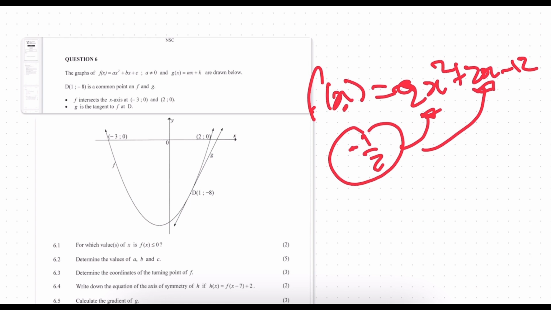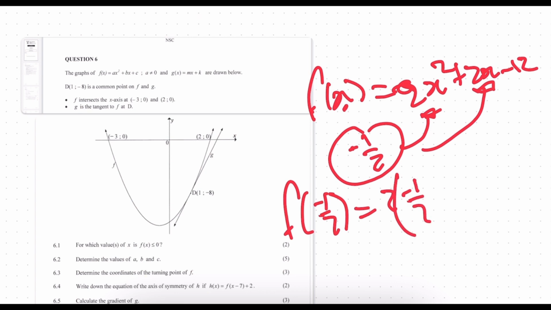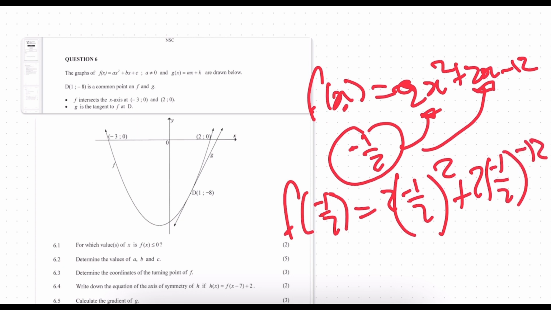I don't have a calculator with me, so I'm doing this in my head. It will be f of minus 1 over 2 is equal to 2 into minus 1 over 2 squared, plus 2 into minus 1 over 2, minus 12, right? This will be 1 over 4 times 2, so 1 over 2 here, and then minus 1 minus 12.